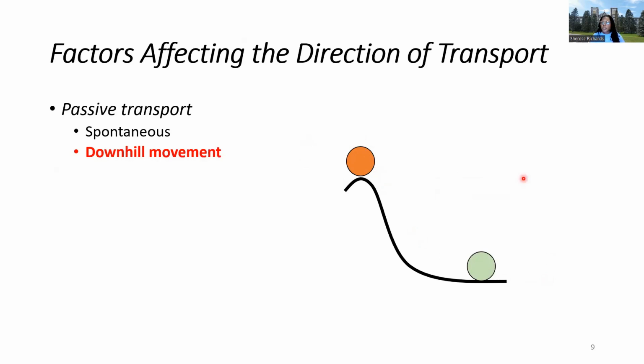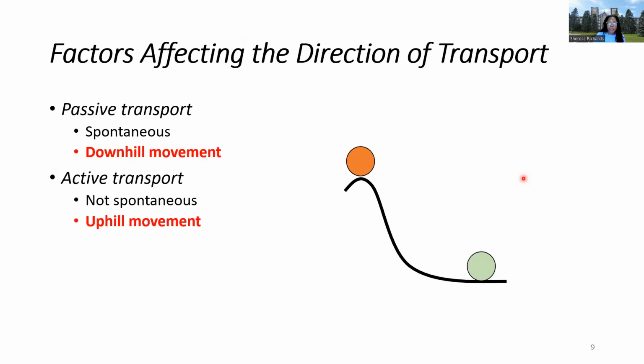That's going to happen sort of organically. That's going to liberate energy as opposed to requiring energy. So passive transport is a downhill movement. It happens spontaneously in that it doesn't need any energy inputted for this to occur. This will occur naturally or spontaneously, and that will be a downhill direction, which is giving up energy.